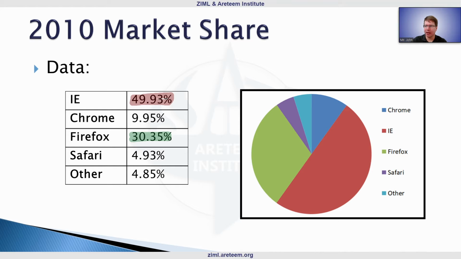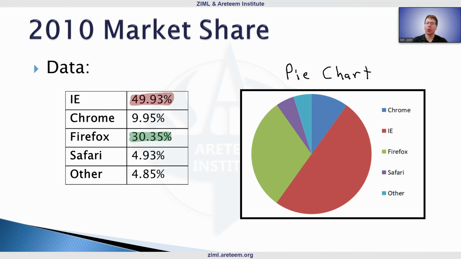So here we have our pie chart in this case. So this is a great way to visualize something like this, where we have our kind of data out of a whole 100% there, right? We can see, oh, it's pretty easy now. The Internet Explorer is like half the pie, right? Firefox is a little more than a quarter.